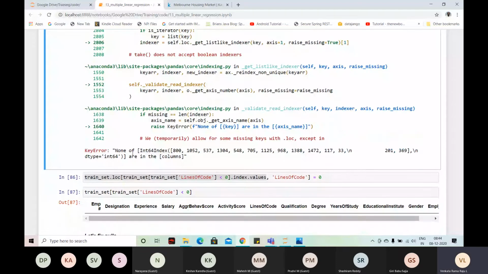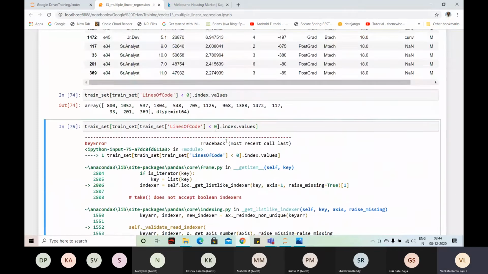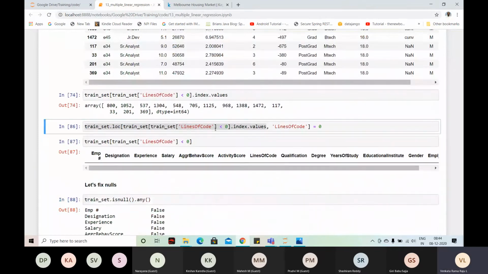What is it saying? So it is actually looking in the columns. I don't know why. Okay, I tried to show something, but I'll leave it for now.